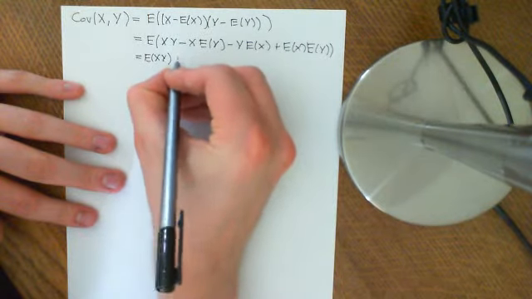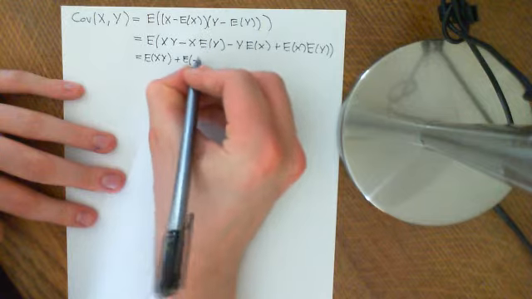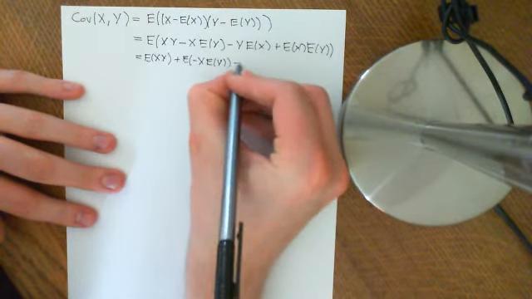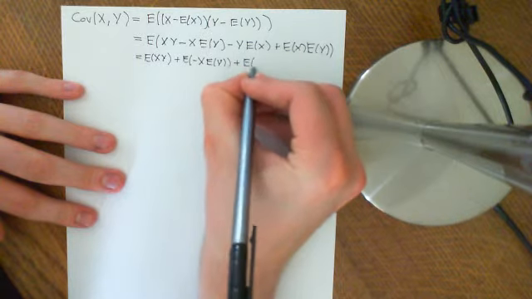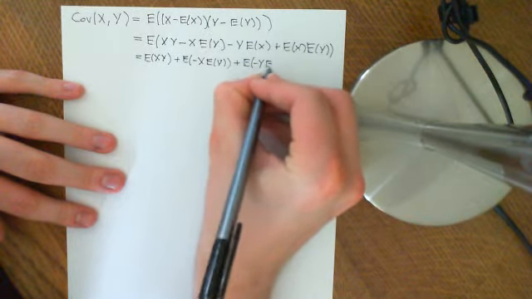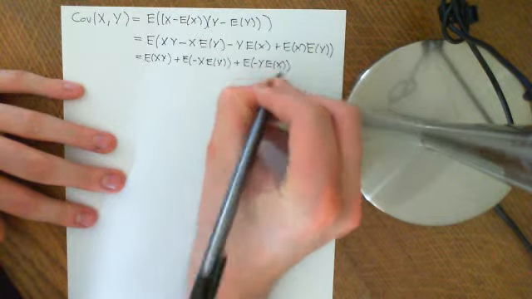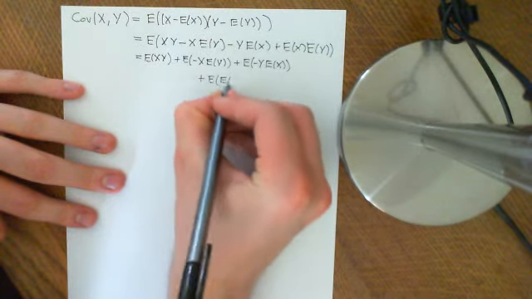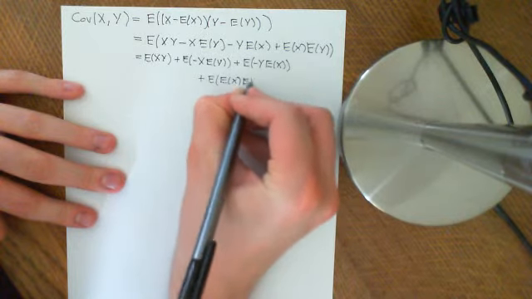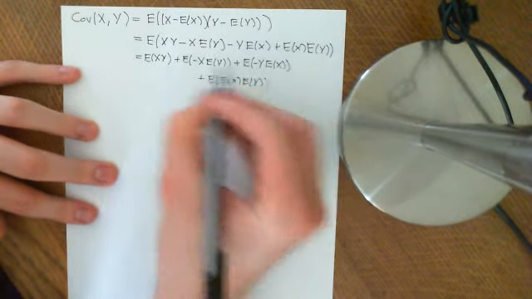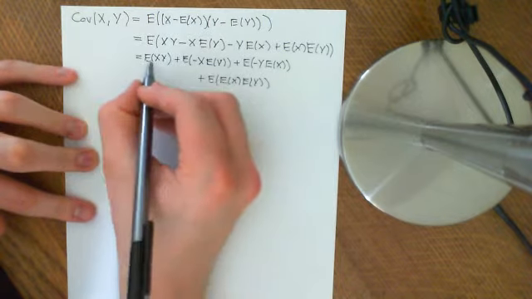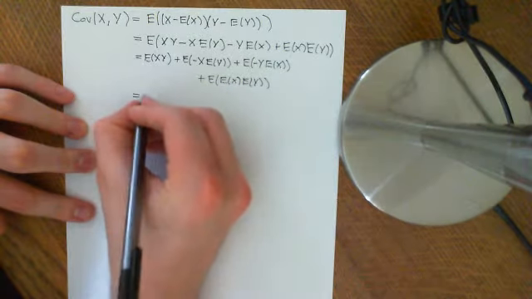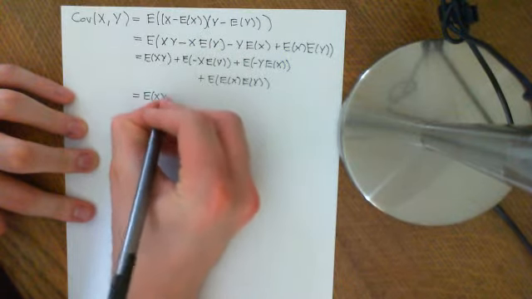So then we'll get plus the expected value of negative x times the expected value of y, plus the expected value of negative y times the expected value of x, and then we get plus the expected value of the expected value of x times the expected value of y. Okay, so firstly, this first term we can't do anything with, so that just stays as it is: the expected value of x times y.